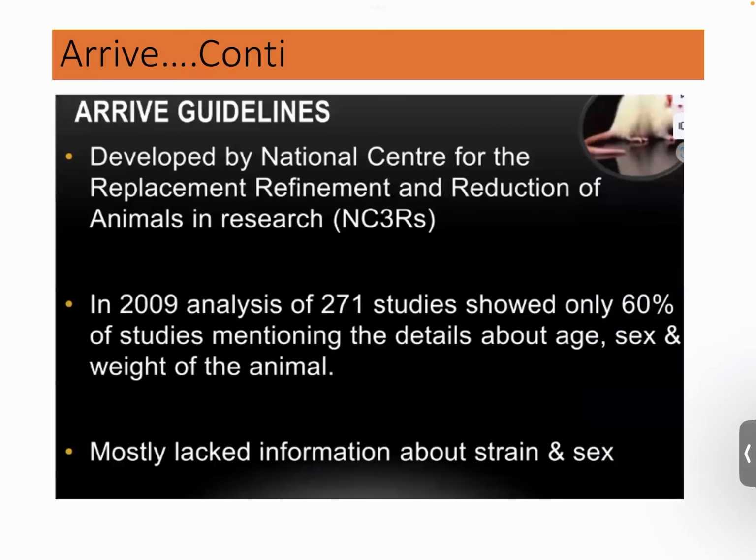So why were these guidelines developed? They were developed by the National Centre for the Replacement, Refinement and Reduction of Animals in Research, like your 3 Rs. And this is also important, people may ask you in interviews, what are the 3 Rs?